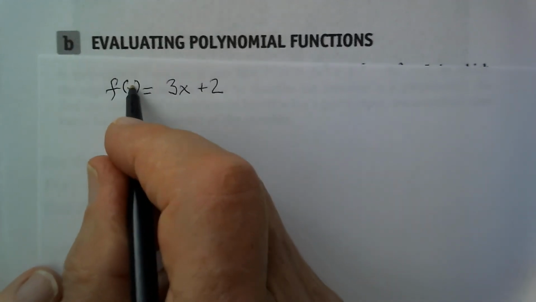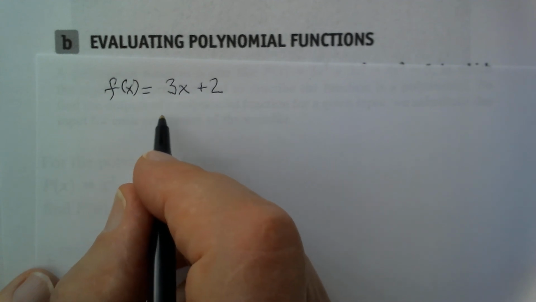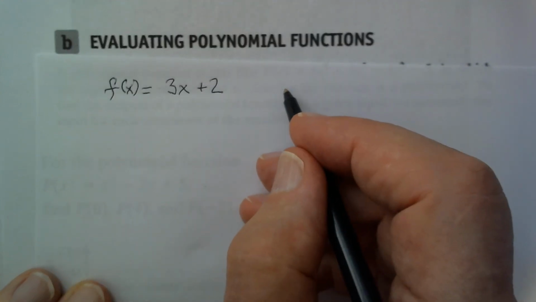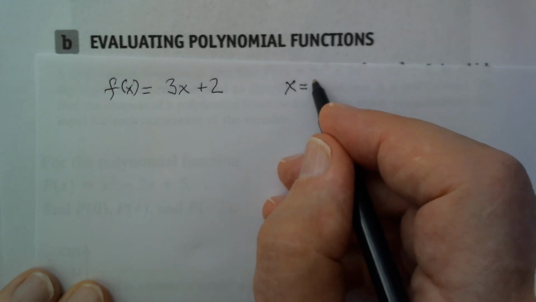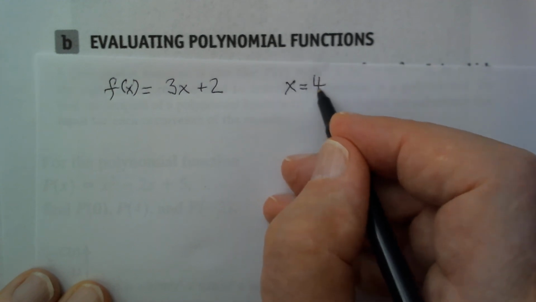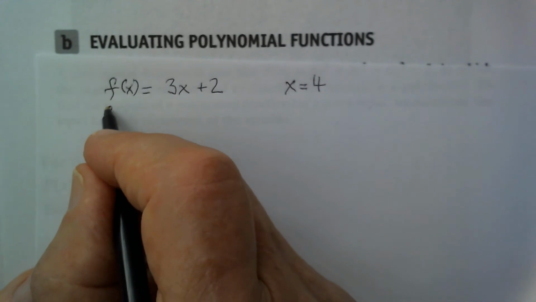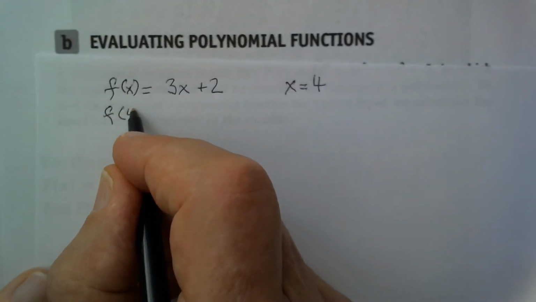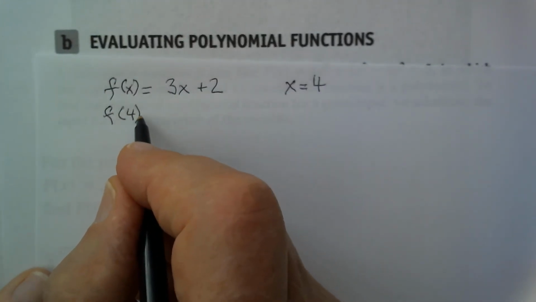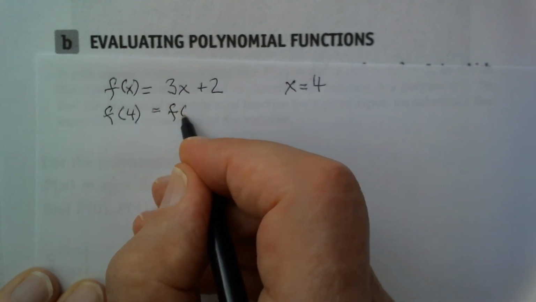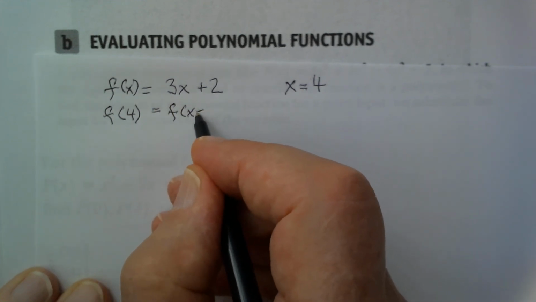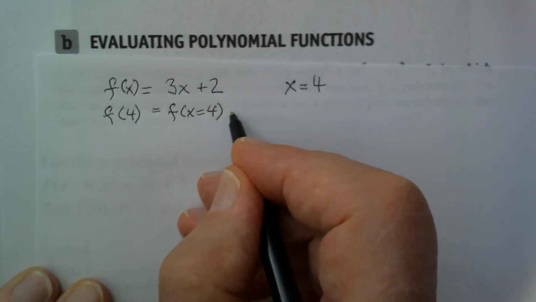And when we replace x with a number, let's say 4, then we write this as f of 4. And what it really means, in this expression, is we replace x with the number 4.